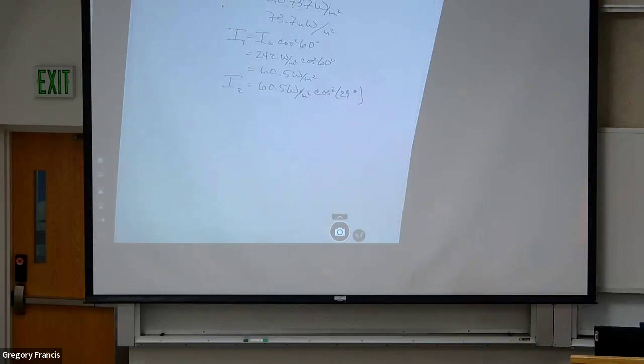So if I take 29 degrees, take the cosine squared and multiply that by 60.5, I get 46.28 watts per meter squared, not milliwatts, but watts per meter squared.